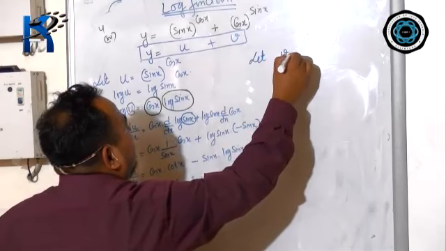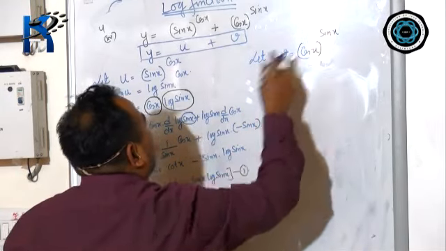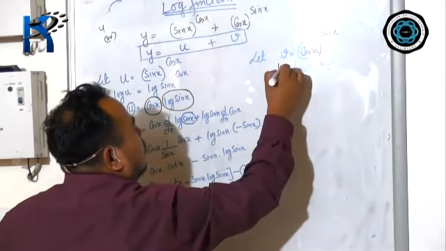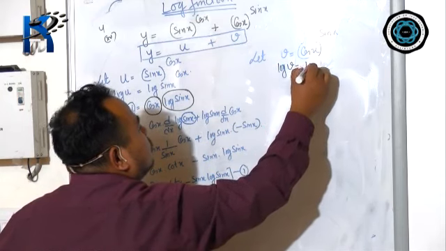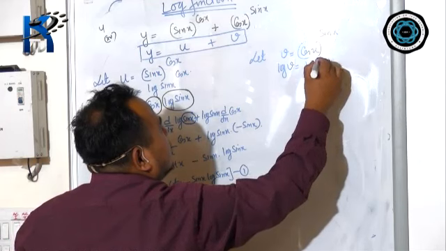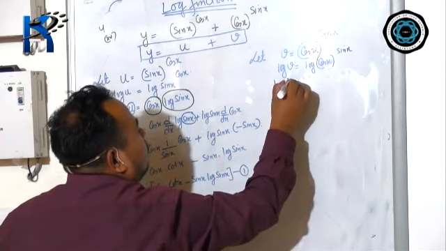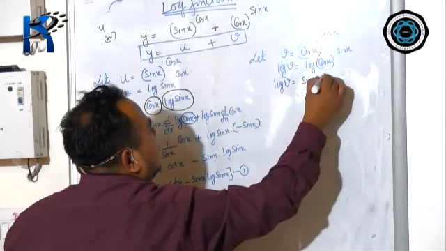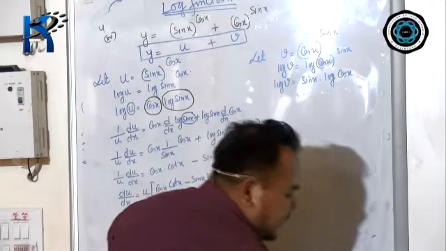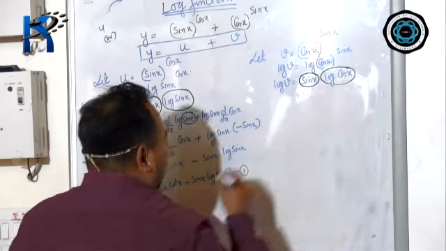Let v equal to cos x to the power sin x. Now with the knowledge which you have here, please apply it. So what do you get? Log v equal to log cos x to the power sin x. So log v equal to sin x log cos x. As you can see, it is the same thing, this is u and this is v.